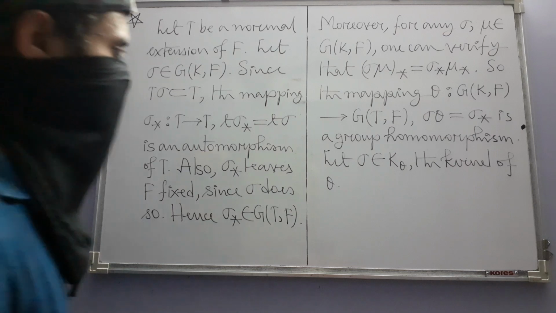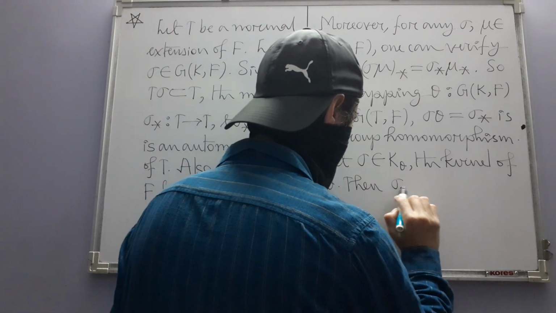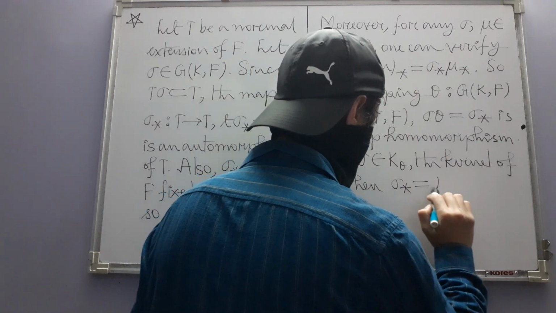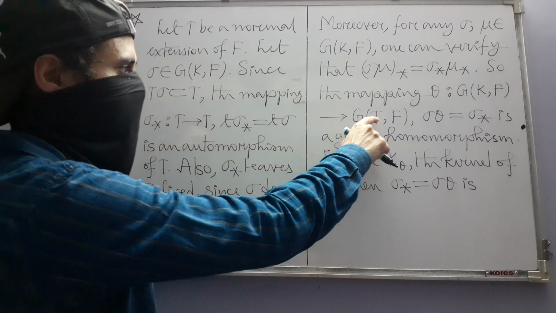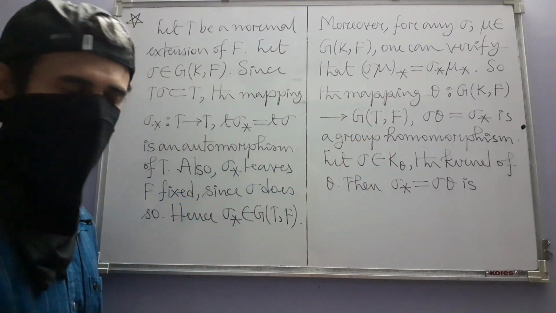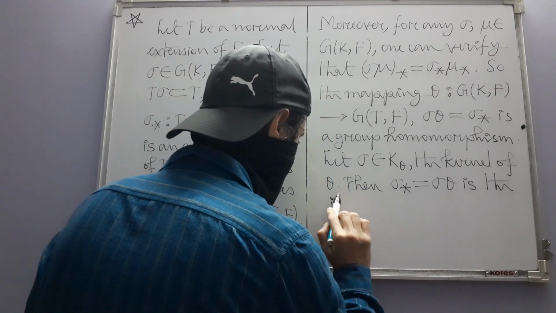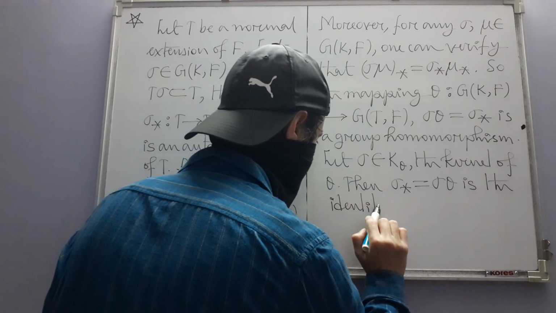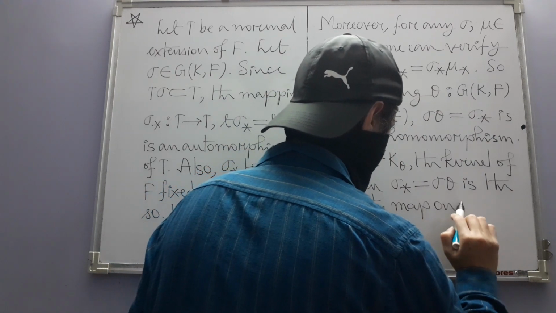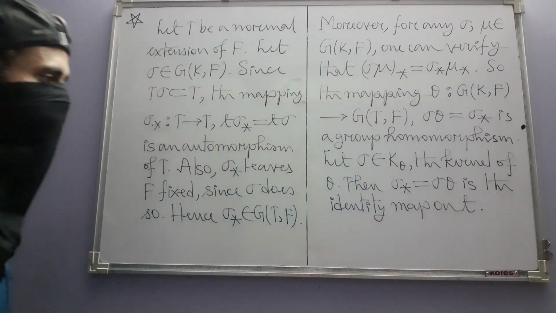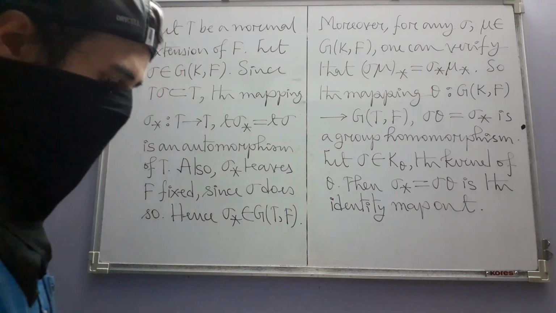Then sigma star, which is equal to sigma theta, is going to be the identity in this group, and that identity is just the identity map on T. So it's just the identity map on T.